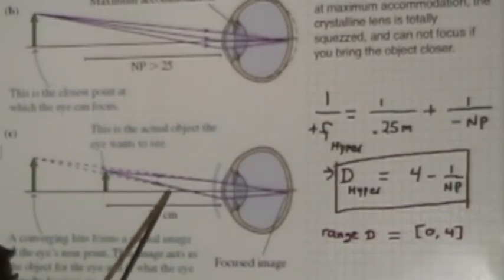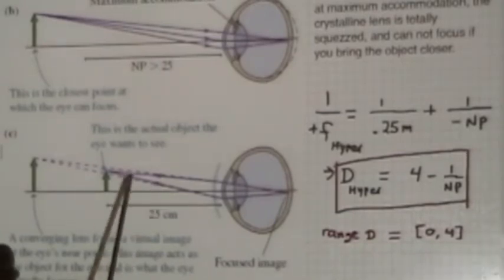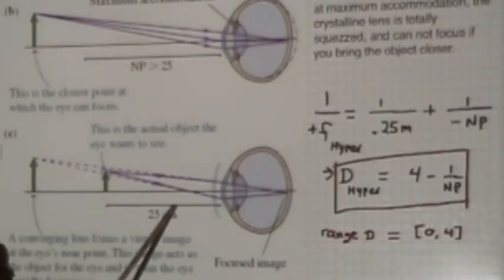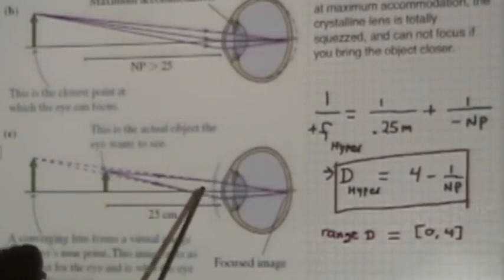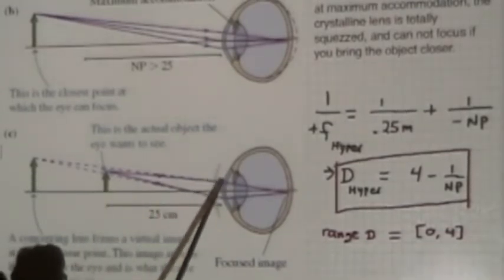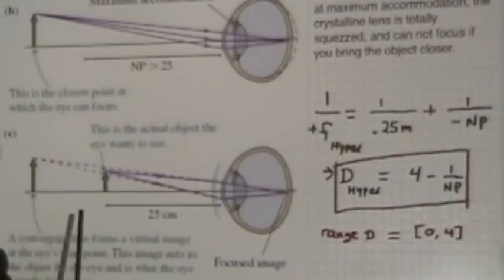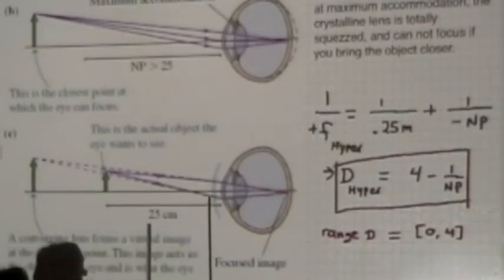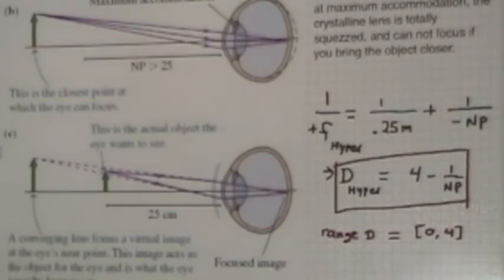It would be over here. That would make things worse, right? You could not possibly focus on an object that is even closer than 25. You can't even focus at 25. So you have to use a convergent lens. And the convergent lens is acting sort of like a magnifying glass, and it pushes the image back to the place where you can focus it.